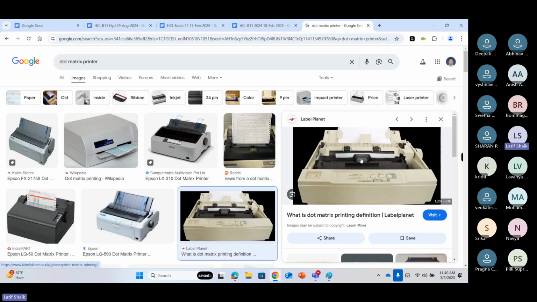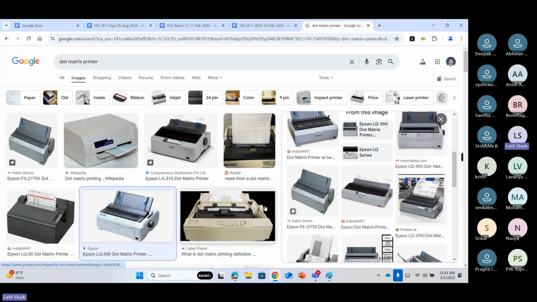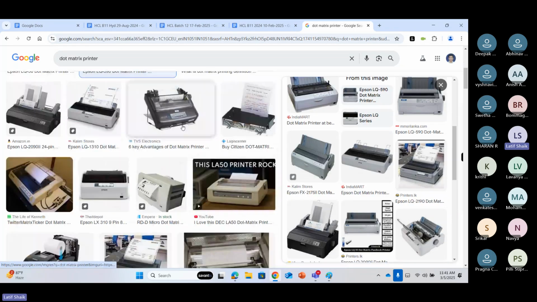If you see, this is a header. This head moves from left to right and right to left. This header has pins. Based on what print you give, those pins will put pressure on a ribbon cartridge.